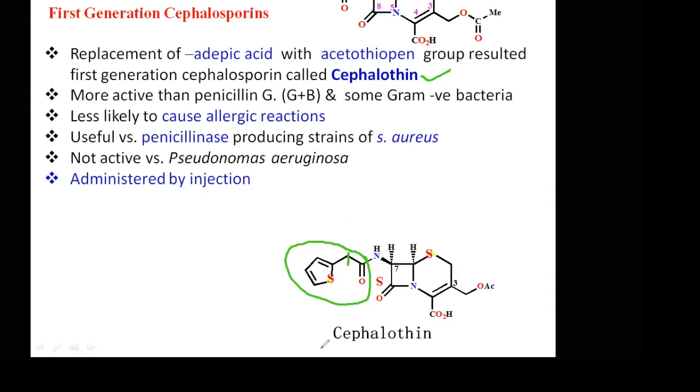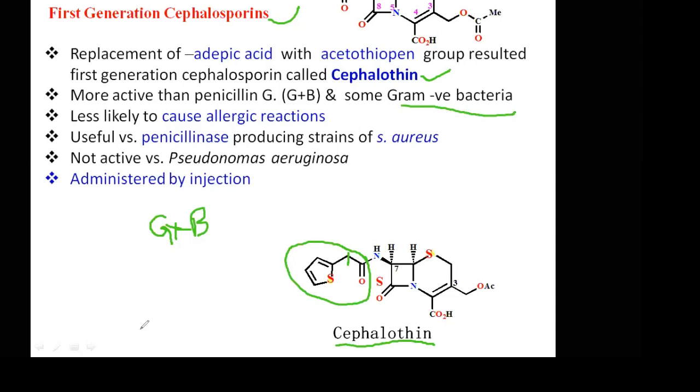See, this drug, cephalothin, is a first generation drug. Like penicillins, this drug is also more active towards gram-positive bacteria, but against only some gram-negative bacteria.